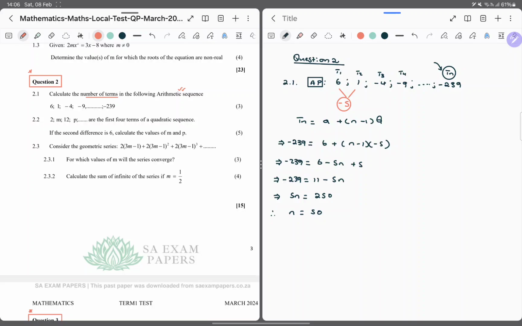Now, no one said calculate n, but it said what is the number of terms. So let's answer it. Therefore, there are 50 terms in the sequence. Okay, that's it.